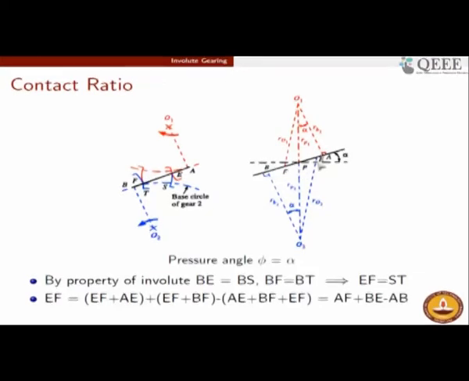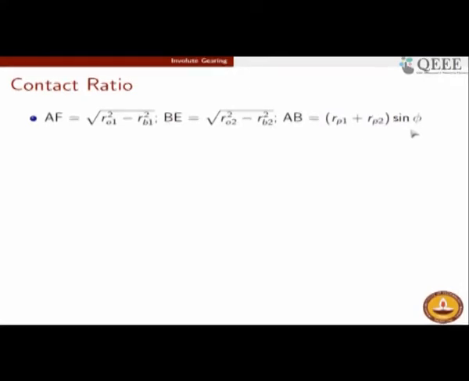What we are interested in at this point is the length of the line segment AP. The length of the line segment AP is going to be RP1 sine alpha. Similarly, the length of the line segment PB is going to be RP2 sine alpha. So as a result, AB will be AP plus PB, and that eventually becomes RP1 sine alpha plus RP2 sine alpha. We can take the sine alpha common.